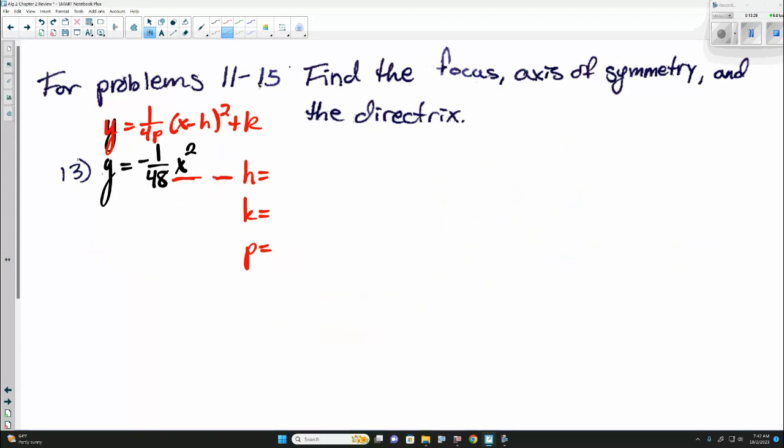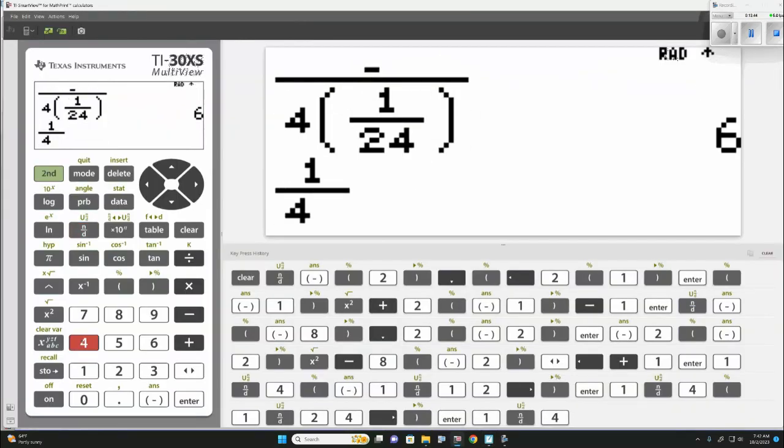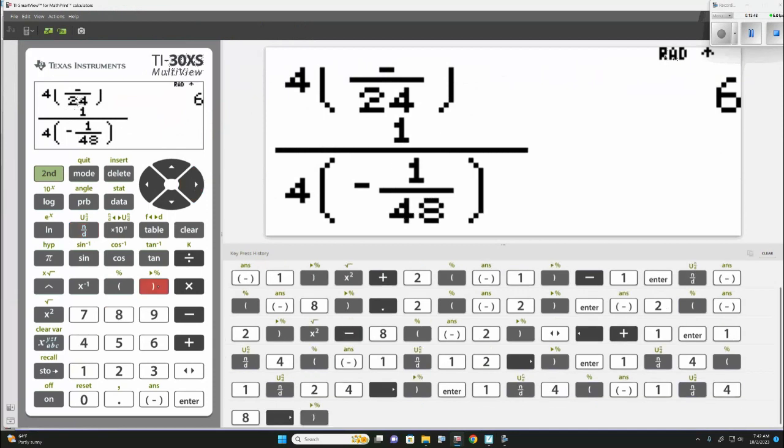Don't have anything added inside the parentheses, so h is 0. Nothing added on the outside, so k is 0. Now we do need to find the value of p, which is 1 over 4 times whatever's in front of the parentheses. So 1 over 4 times negative 148 over 48 gives us negative 12.